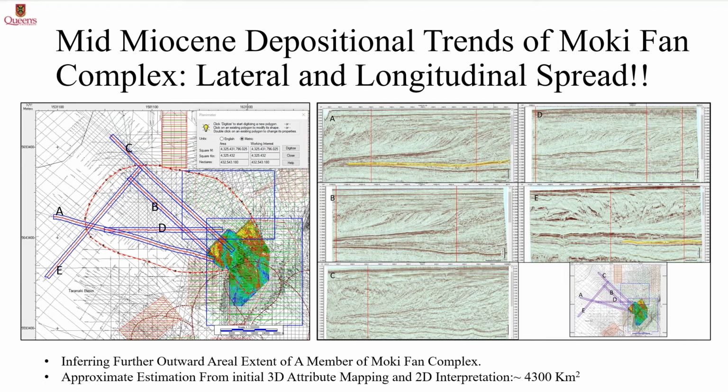So inferring the further outward aerial extent that we have so far estimated in a broad way, it led to an area of more than 4,300 square kilometer. So there is a lot more to scrutinize within this area and to highlight how this composite lobe system has been distributed spatially and vertically.